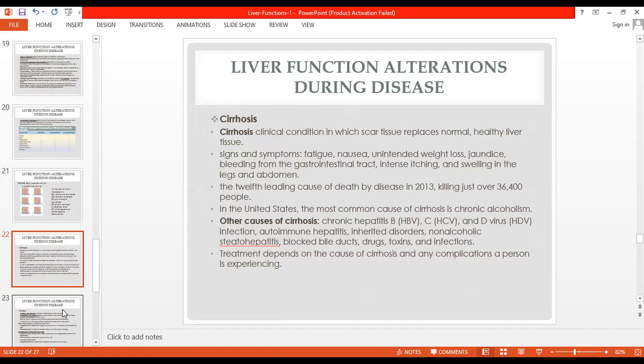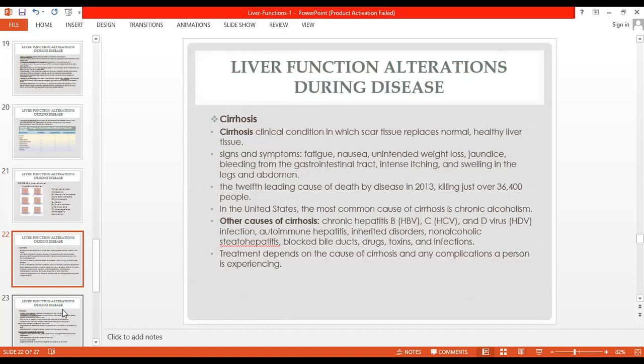Other causes include chronic hepatitis B, HBV, C, HCV, and D virus, which is HDV infection, autoimmune hepatitis, inherited disorders, for example alpha-1 antitrypsin deficiency, Wilson disease, hemochromatosis, and galactosemia, and lastly nonalcoholic steatohepatitis, blocked bile ducts, drugs, toxins, and infections.